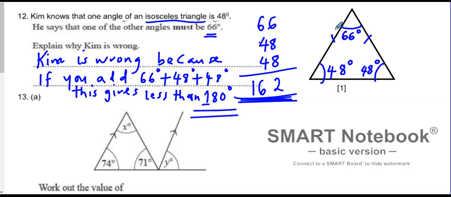And mind you, angles in a triangle must add up to 180 degrees. All right, so far so good.